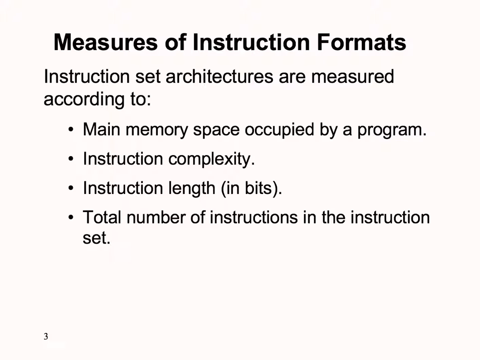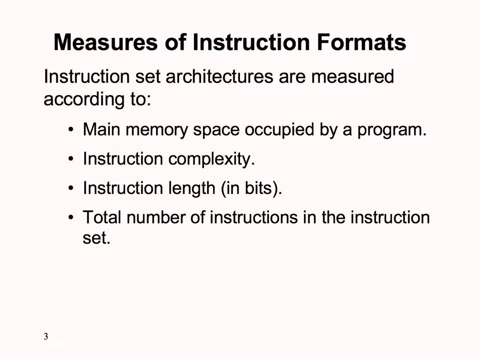So instruction set architectures are measured according to different parameters. The first one is the main memory space occupied by a program. This parameter is represented by the amount of space a program requires. The second parameter is instruction complexity.